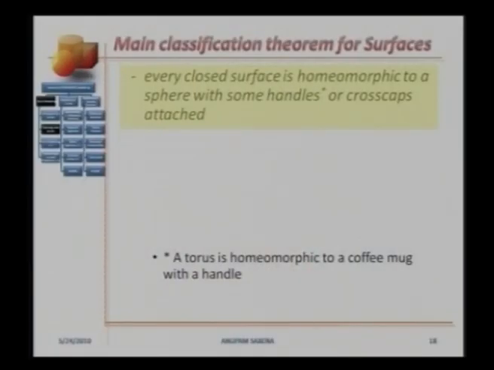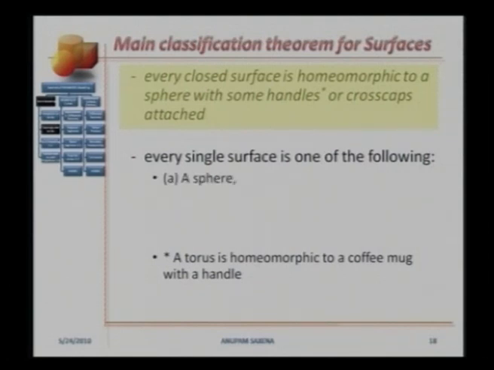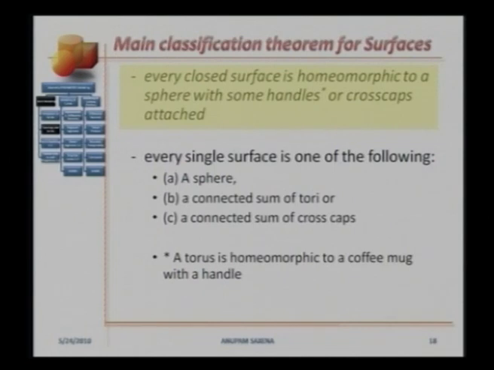We had seen a nice cartoon of how a torus gets transformed into a coffee mug and vice versa, and that is what I meant by handles. So, every single surface is one of the following. It is a sphere, it is a connected sum of tori, or it is a connected sum of crosscaps.